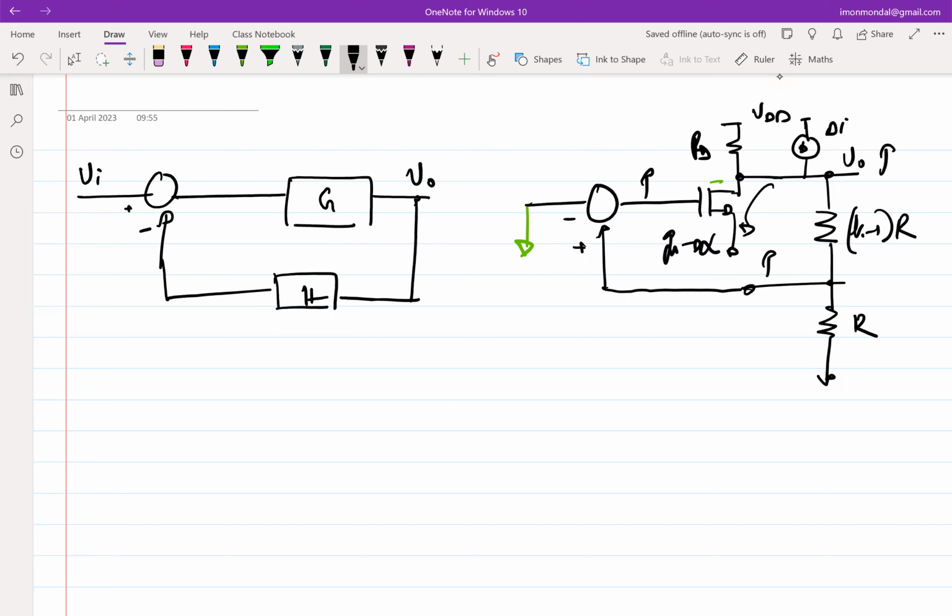And if you have gm to be infinity, or in this case, let's assume gm is extremely strong, then all of delta I will flow into the gm and nothing will flow into RD parallel RL. So what will be V0 then? V0 will be 0.